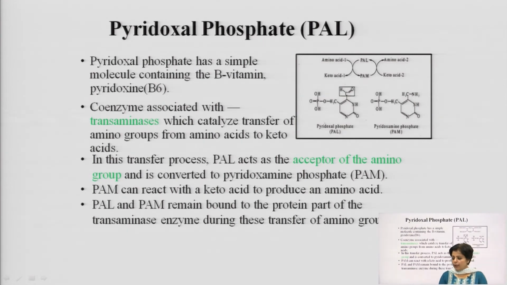So, what is happening in this transfer process: the PLP acts as an acceptor of the amino group and it is converted into pyridoxamine phosphate, that is PMP. The PMP will react with the keto acid and produce an amino acid. दोनों PLP और PMP bonded रहेंगे protein part के साथ in the transaminase during this transfer process of the amino group.